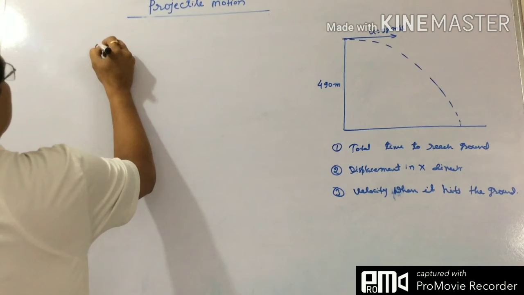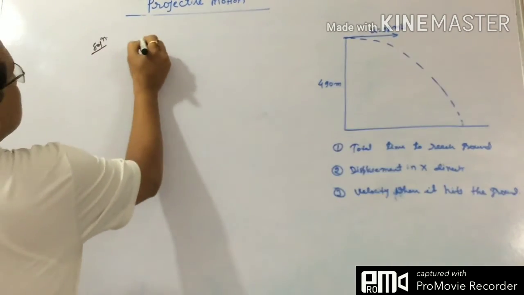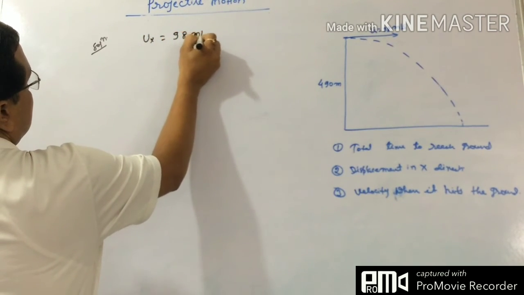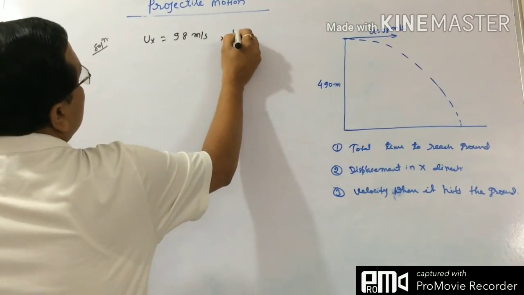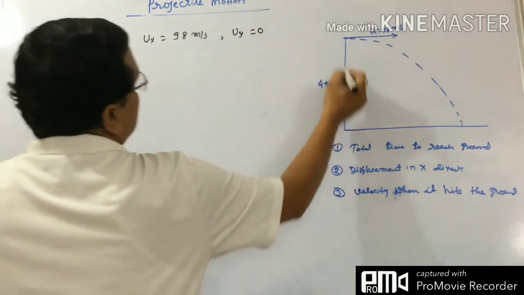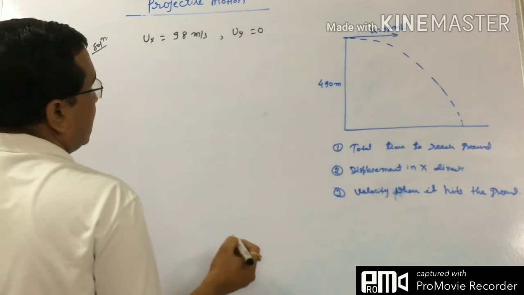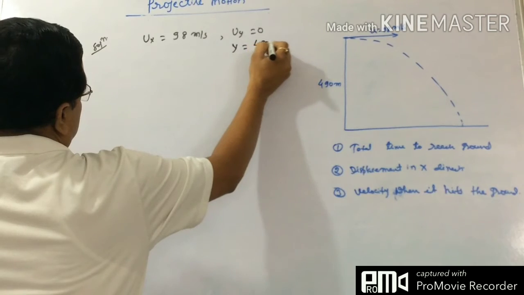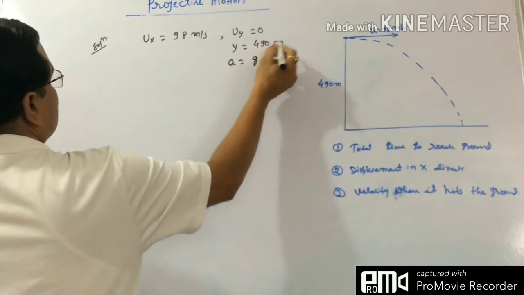If you see the solution here, ux equals 98 meter per second. It is given the particle is thrown in the horizontal direction, and uy equals 0 because there is no velocity component in the y direction. y equals 490 meter and a equals minus g, because it is in the negative direction.